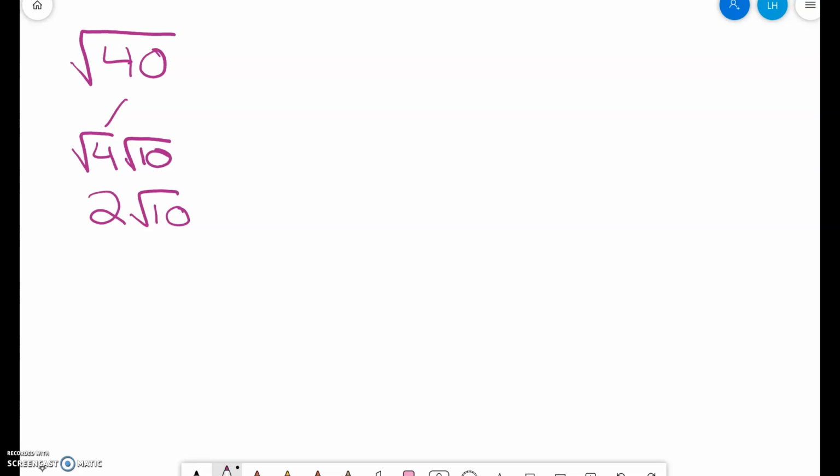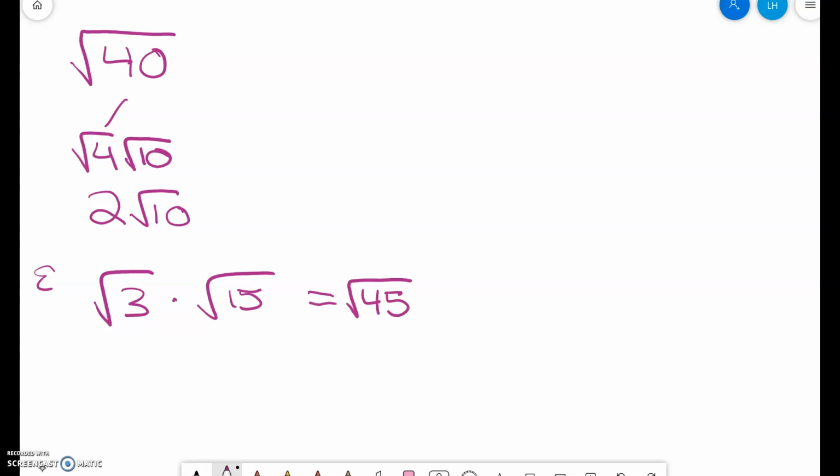So when you're multiplying radicals and use your multiplication rule, you're going to do a problem like this. Let's say I did the square root of 3 times the square root of 15. When I look at 3 and 15, neither of those have perfect square factors. But when I multiply them together, I get the square root of 45.